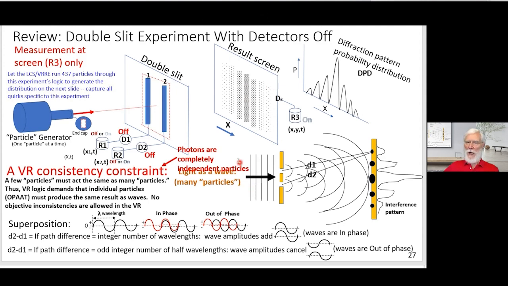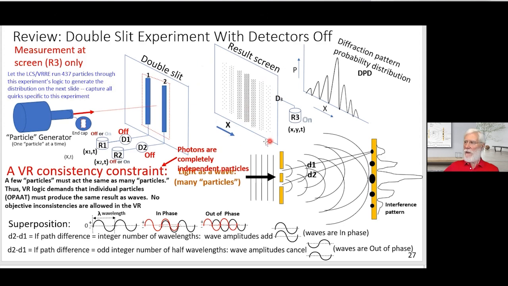But eventually, after enough particles go through, because there's more pieces of paper, because there were 52 in this peak, more X values that are right in this part of the X axis, right under this column. There's more pieces of paper with that X in it because those were taller peaks. So you're going to get more dots there. So eventually, after enough particles come through, you get this pattern.